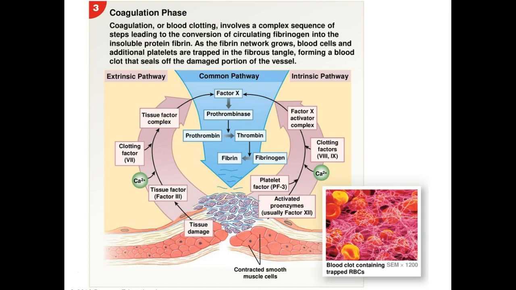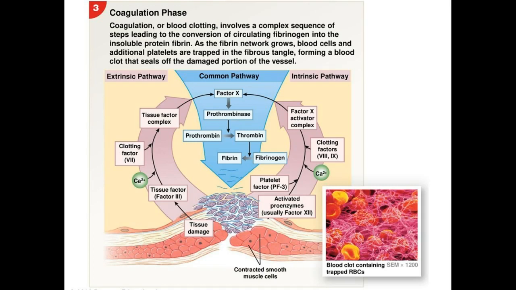The extrinsic happens first, and then the common pathway is the one that gets activated last, and we're only talking about seconds here. That is the one that you associate with thrombin, prothrombin, fibrin, fibrinogen giving rise to fibrin, and prothrombin giving rise to thrombin. The reason I say that is the pro and the fibrinogen are not active.